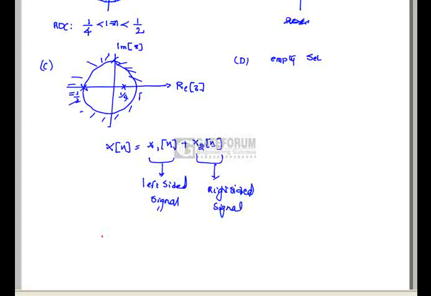Means here the ROC of x1 of z is mod z less than half, whereas ROC associated with the x2 of z is mod z greater than 1 by 4. Hence option A is correct.